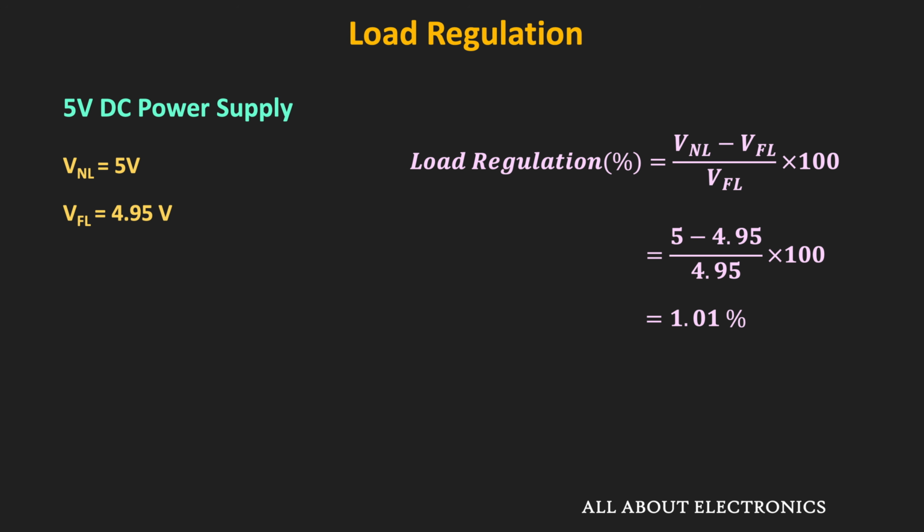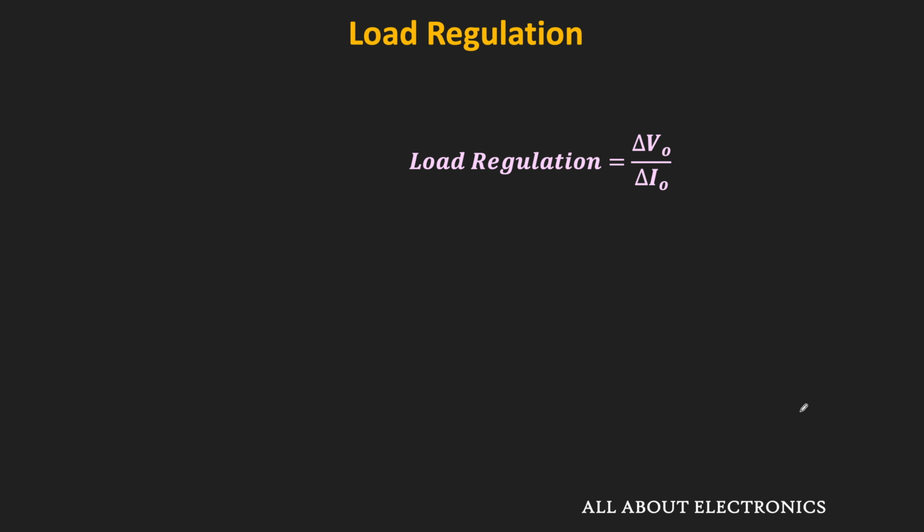That means while selecting the power supply, we should always check this specification. Now many times for the low dropout voltage regulators or the LDOs, this load regulation is also defined in millivolt per milliampere. So it shows that when the load current changes in the milliampere, then how the output voltage will change in the millivolt.